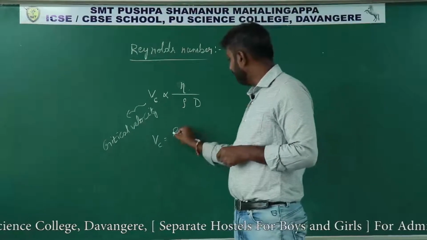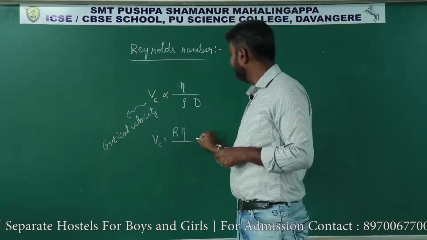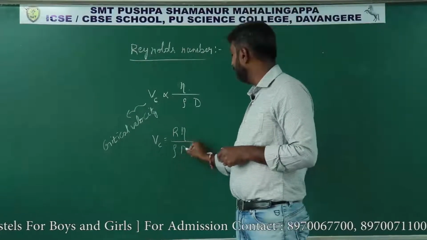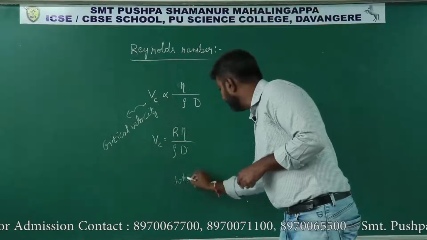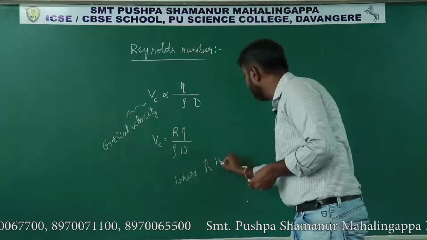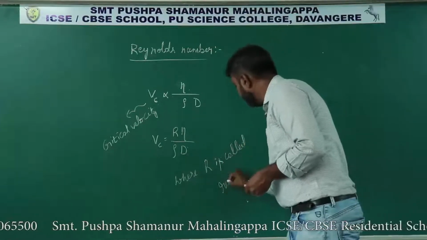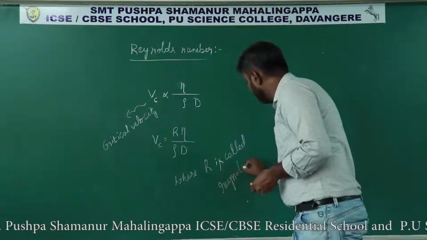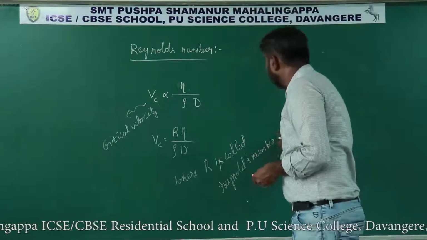That proportionality constant is R into eta divided by rho D, where R is called the Reynolds number.